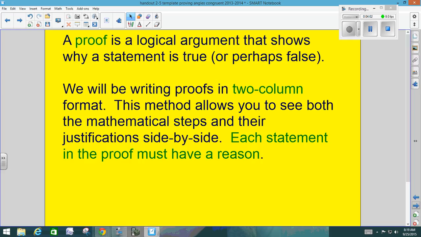No matter what type of proof it is, your first step is always the what? The given. Good. Your last step should always be what you're trying to prove. You might be able to get there in 3 steps. It might take 7 steps. It could take 10. I don't know. There's different ways to prove something, so there's different results and steps. But whatever your last step is, it should be what is behind the word prove. Okay?